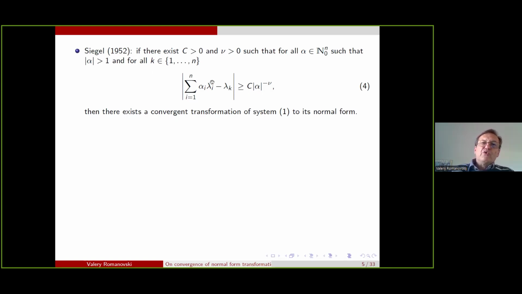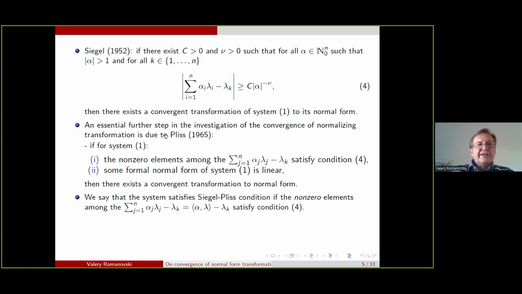So the condition of Poincare and Dulac is that the left-hand side is just greater or equal to some constant. But the condition of Siegel is weaker because alpha to the minus nu appears. It can be a quite small number.